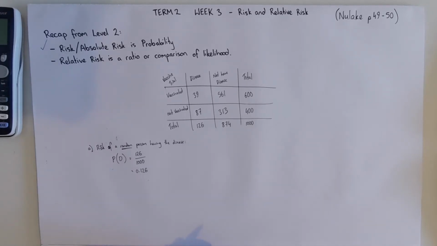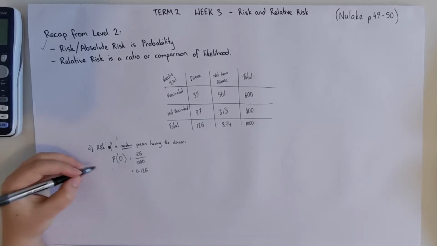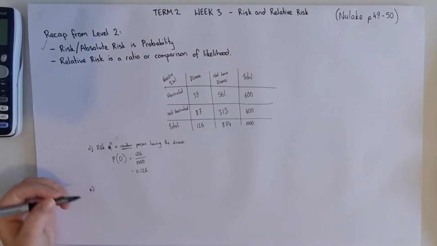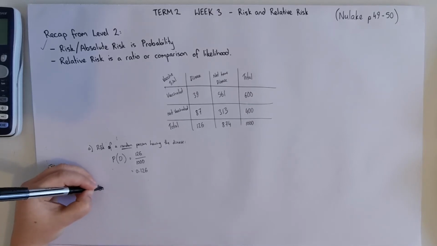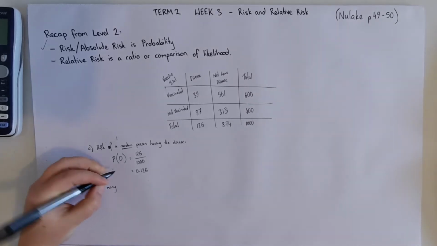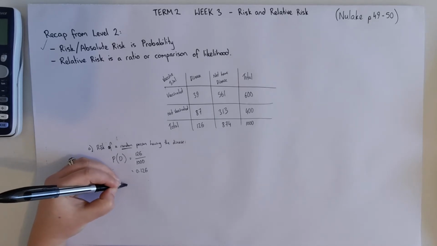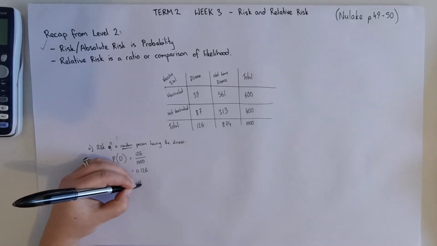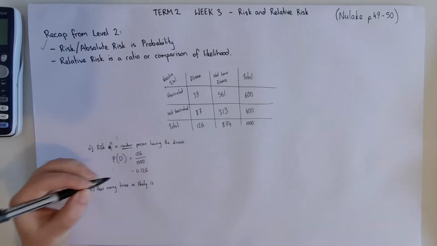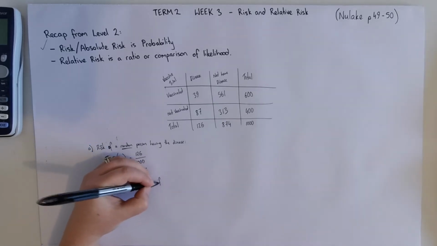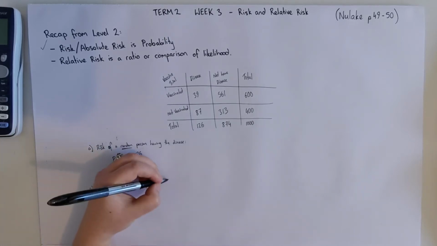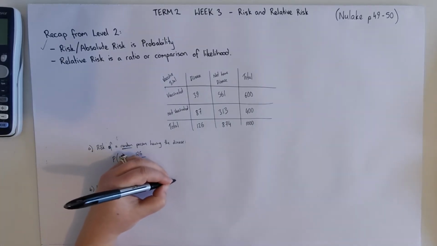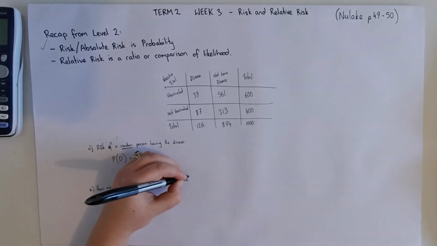The second kind of risk question is relative risk. So, let's have a look at one of these. We might be asked something like, how many times as likely is it for an unvaccinated person to get the disease?